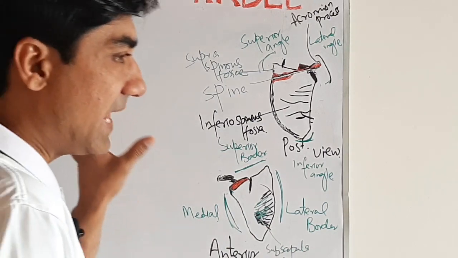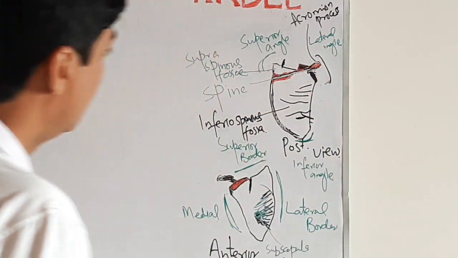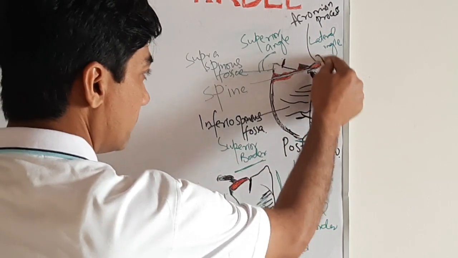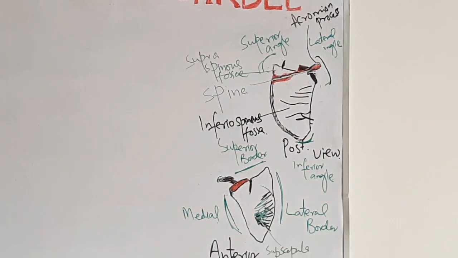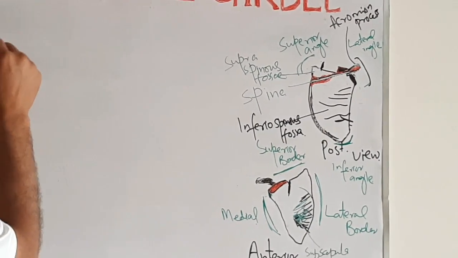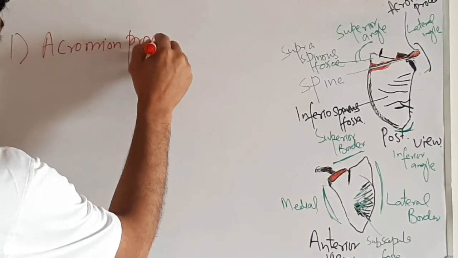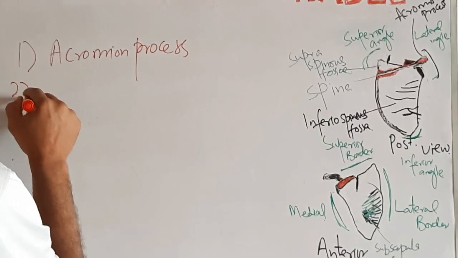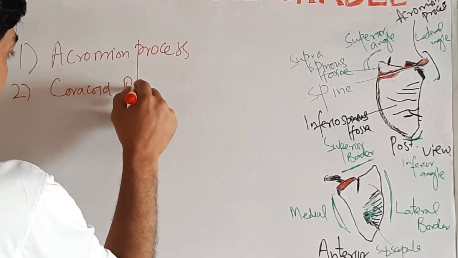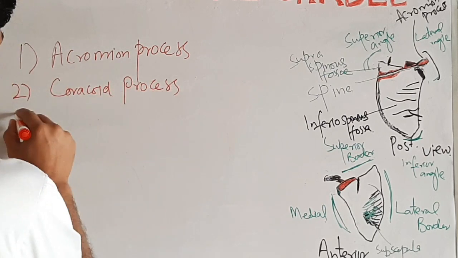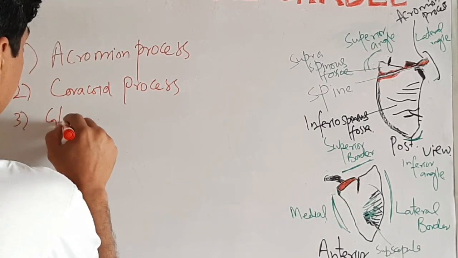The most complex structure is the lateral angle of the scapula. Here are the three structures we will discuss. First, the acromion process, second, the coracoid process, and third, the glenoid cavity.